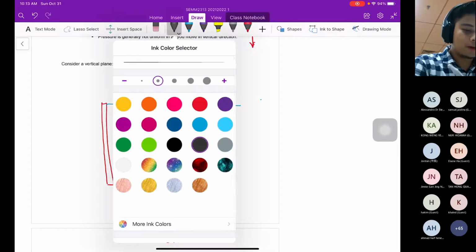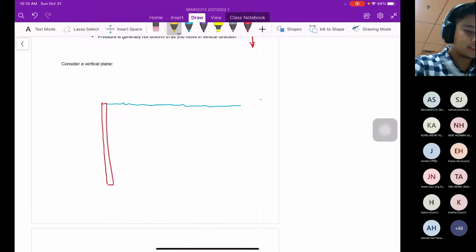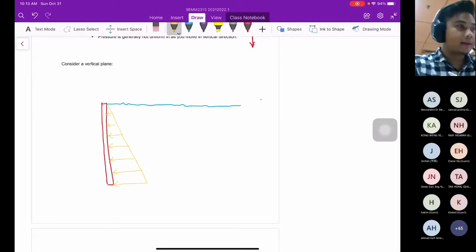So what are the forces involved? We have pressure force, and this is the force distribution. As you can see, the pressure force increases with depth.